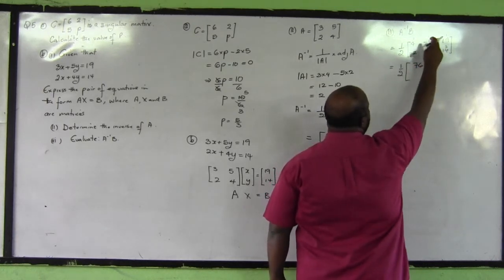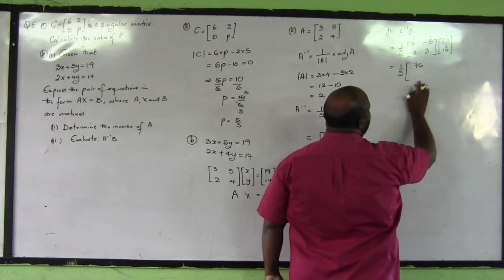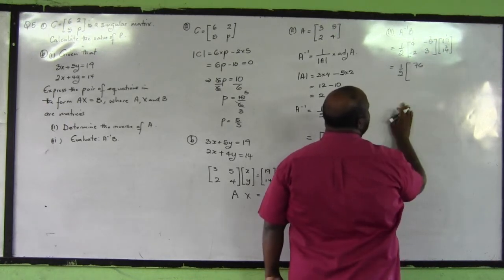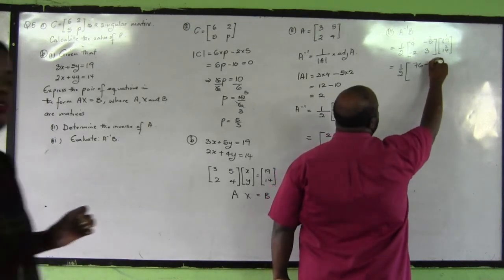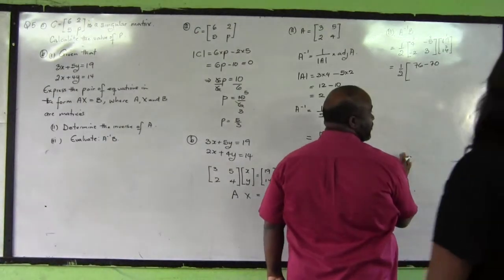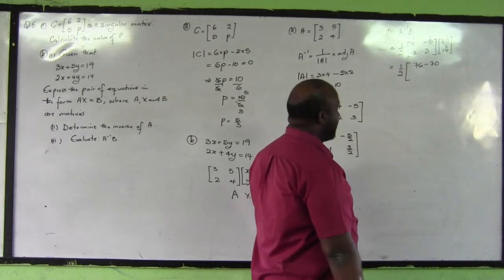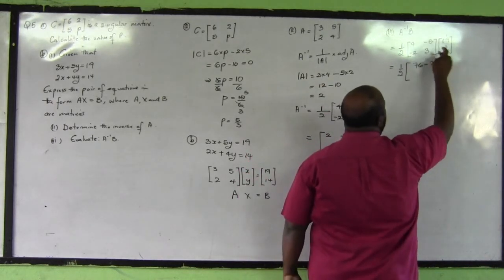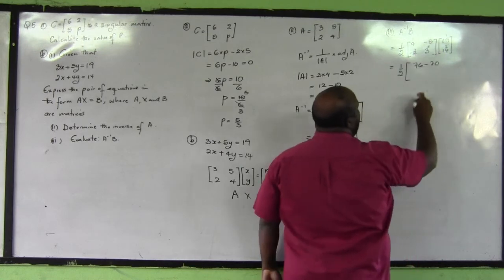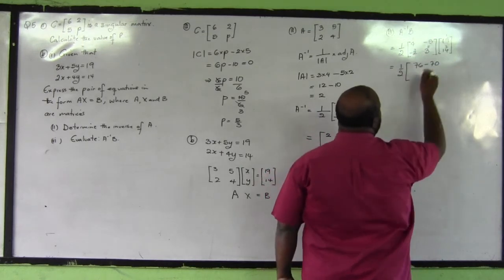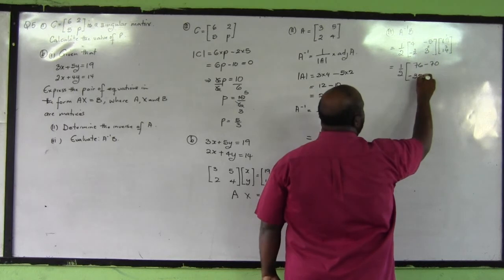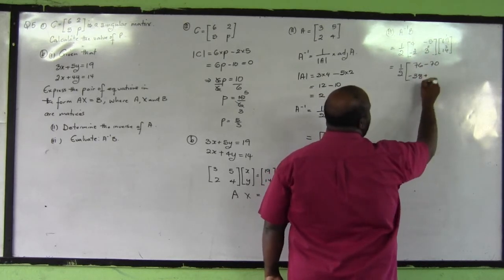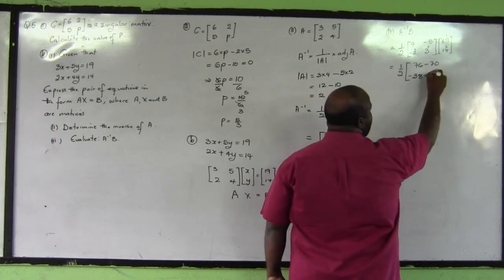What is minus 5 times 14? Minus 70. Then, let's multiply the same column by the bottom row. Minus 2 times 19, and 3 times 14, that is 42.